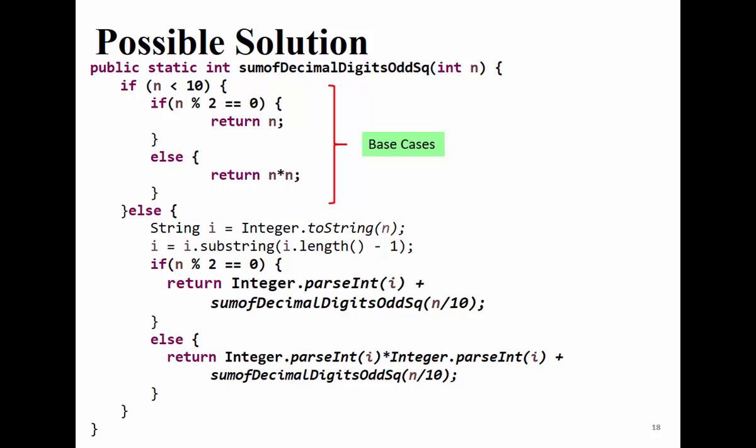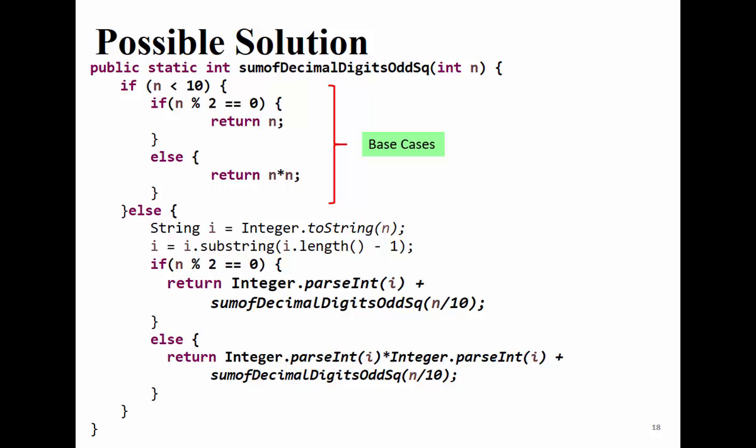Otherwise, he will start using the approach that one of you suggested: take the integer, convert it to a string, and try to extract one element at a time in each recursive call. So he is converting things to a string, Integer.toString, giving n, and returning a string of i. Now he's starting from the last digit by giving i to substring.